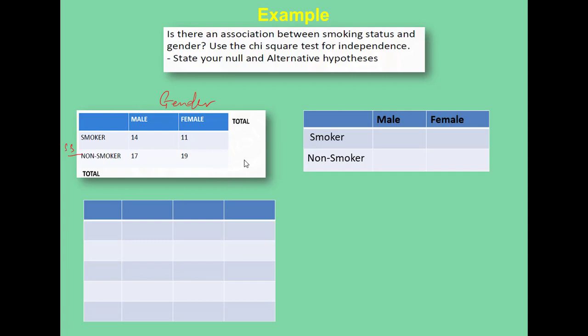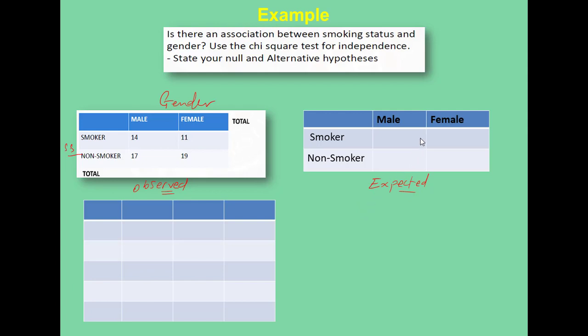To run the chi-square test, we need another 2 by 2. So this is the observed. This is what was observed on the sample. And this is what would be expected if there is no association.